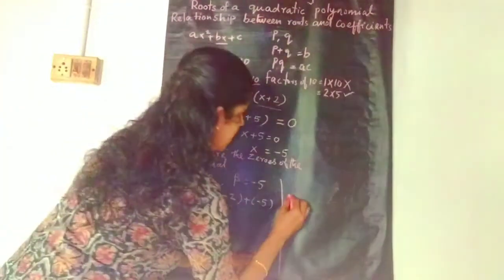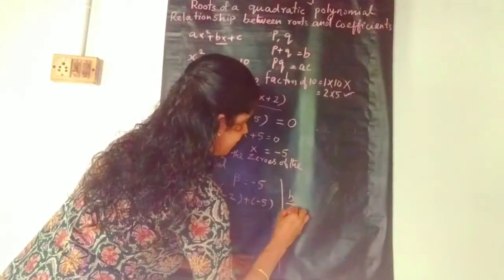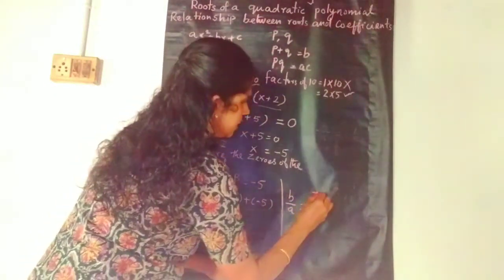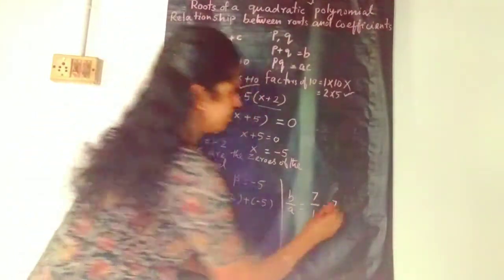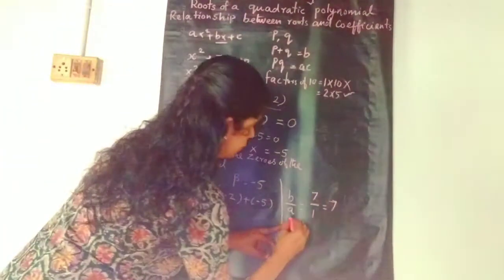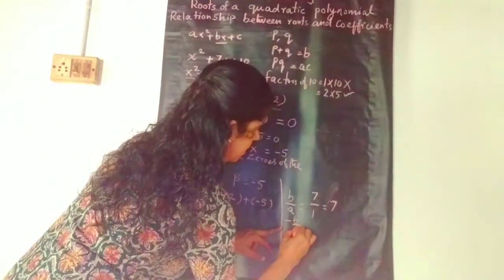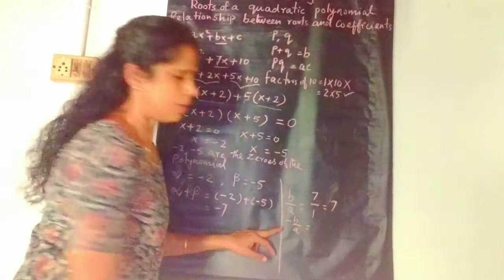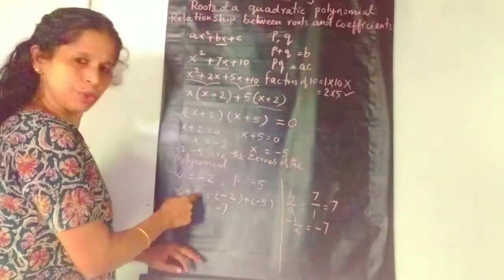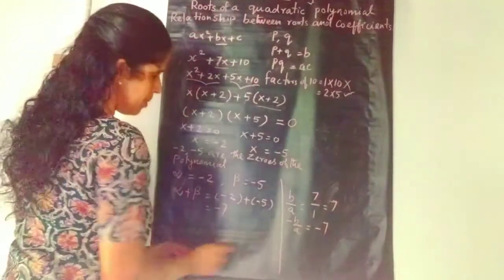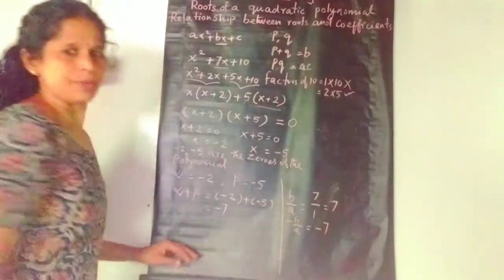If we take b by a, that is equal to 7 by 1, that is equal to 7. So if you take the negative of b by a, it will be equal to -7. So the sum of the two zeros will be equal to minus b by a, because both are -7.